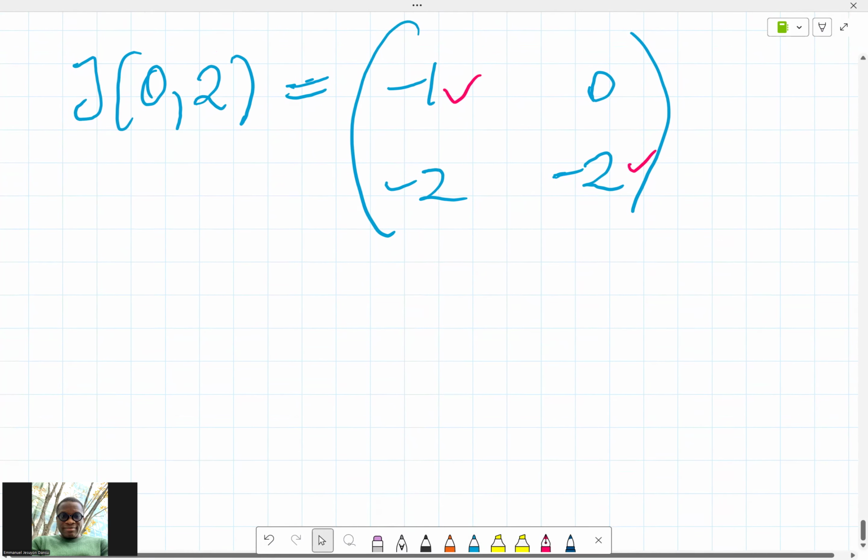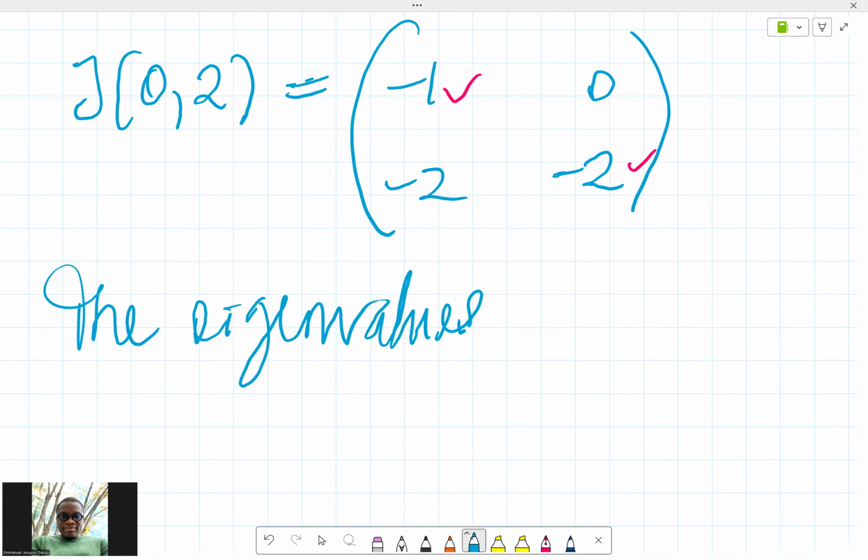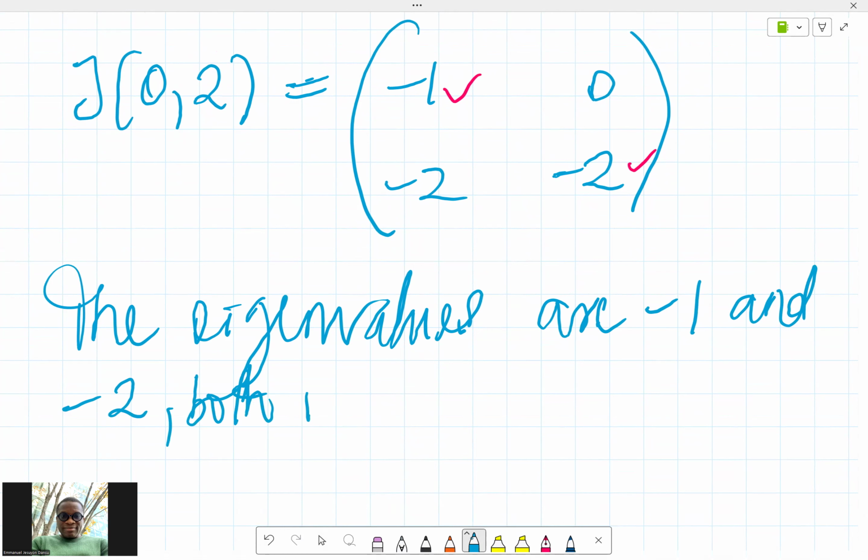Okay, so the eigenvalues are minus 1 and minus 2. If you follow the normal process, that's what you're going to get. Both negative.